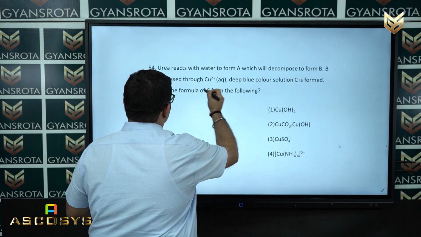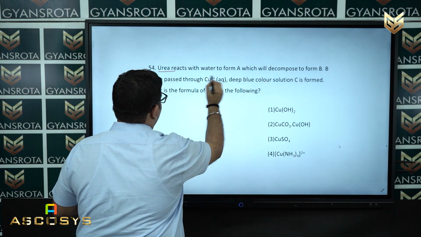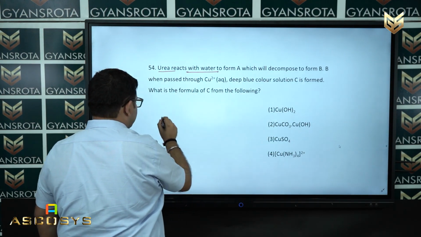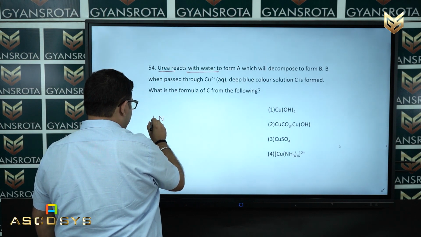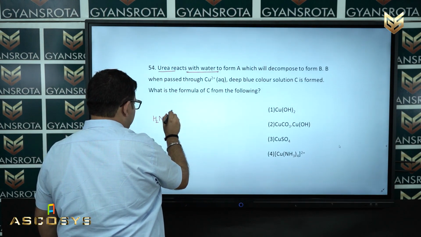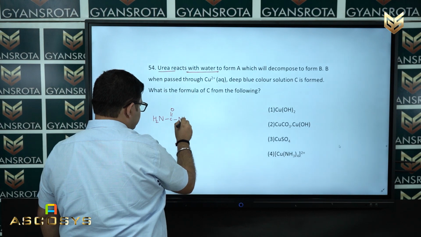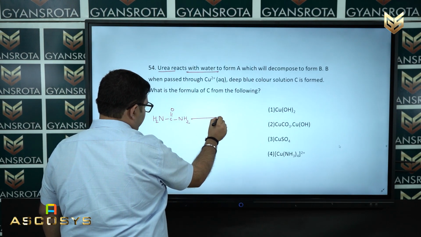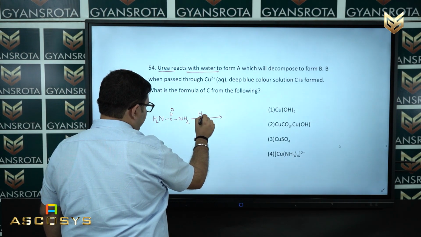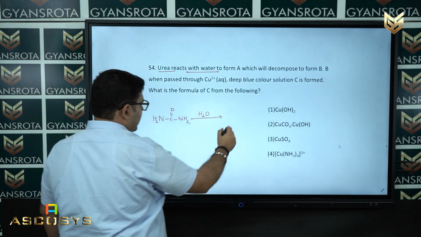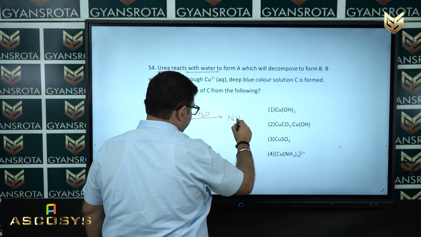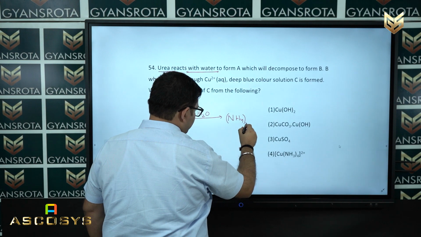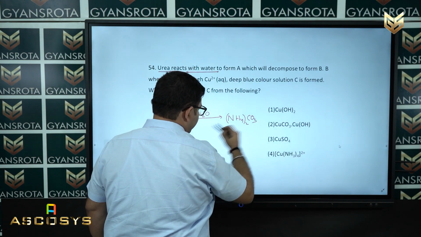Now, they told that urea reacts with water. What is the formula for urea? That is the NH2 C double bond O NH2. Now, when it will react with water, it will give you ammonium carbonate, that is (NH4)2CO3.